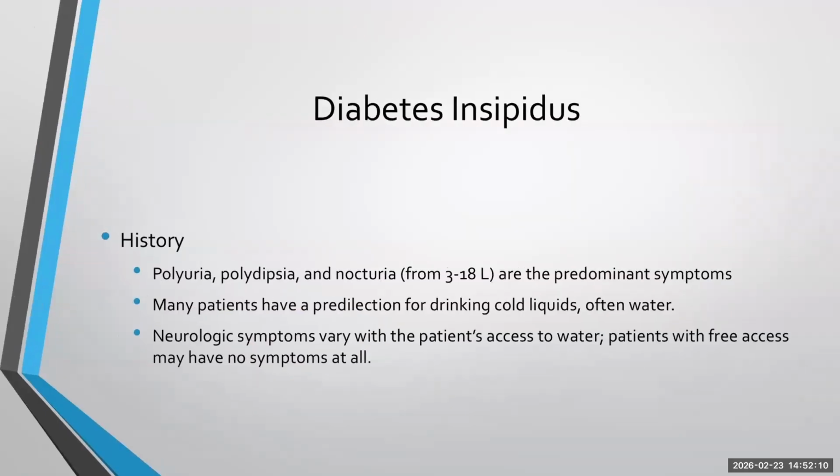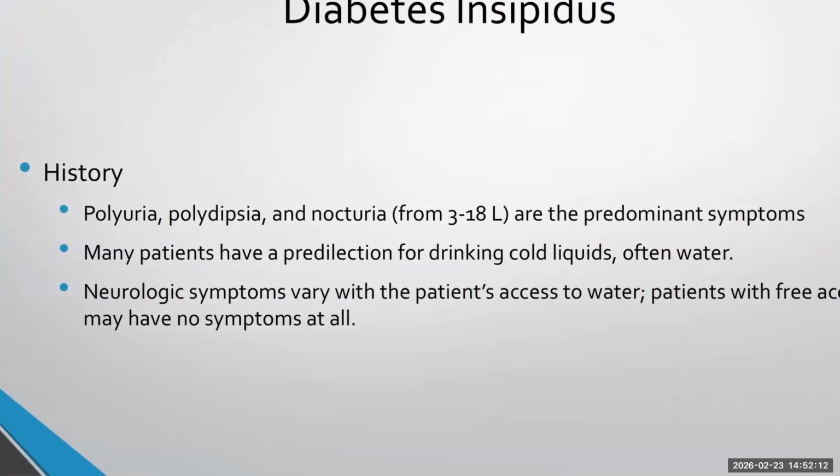History, polyuria, polydipsia are the big ones. They'll have like 3 to 18 liters of urine produced every day. They're going to have a predilection for drinking cold liquids, often water, because they're very, very thirsty. So they're just drinking like crazy. Neuro symptoms will vary with the patient's access to water.